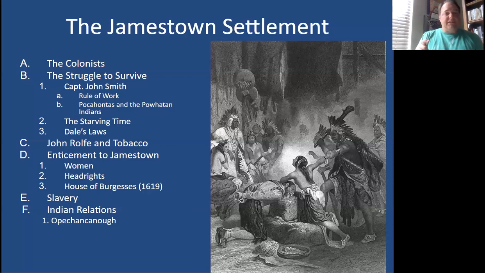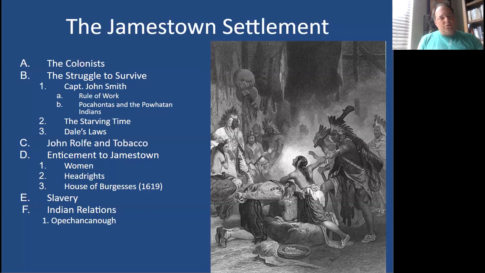The other company policy that was enticing people to Jamestown was the establishment of a House of Burgesses. Burgesses, that's just a fancy way of saying representatives. So in 1619, the company decided they would establish their own House of Representatives, House of Burgesses in Virginia.